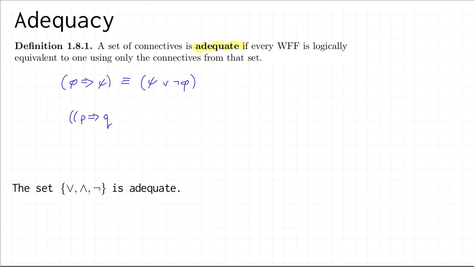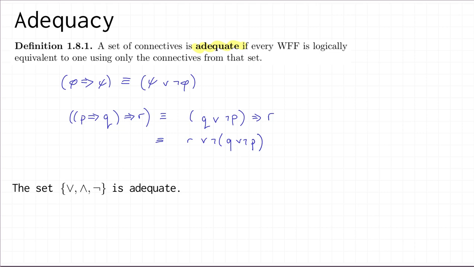So P implies Q implies R, then using the equivalence that I've just written down, that's equivalent to, I'm going to be a bit lazy and miss out some brackets, Q and not P implies R. That's just using the equivalence that we wrote down above, and then of course that's equivalent to R or not Q or not P. So it might not be a very attractive, well-formed formula.